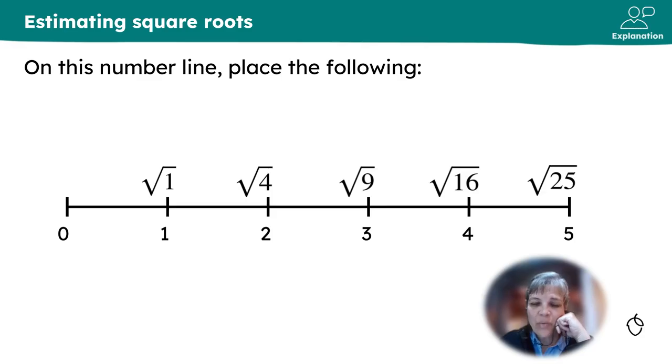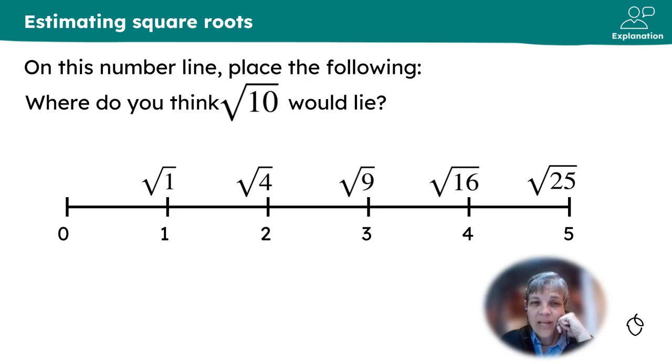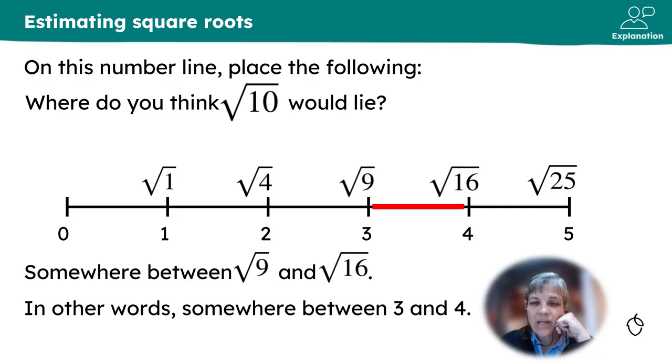Now, if you were asked to get an estimate of a root that doesn't work out perfectly, for example, where do you think the square root of 10 would lie? It's going to be somewhere in between the root of 9 and the root of 16, which means an estimate of that would be somewhere between 3 and 4.